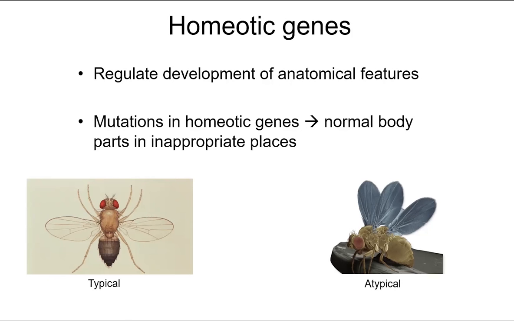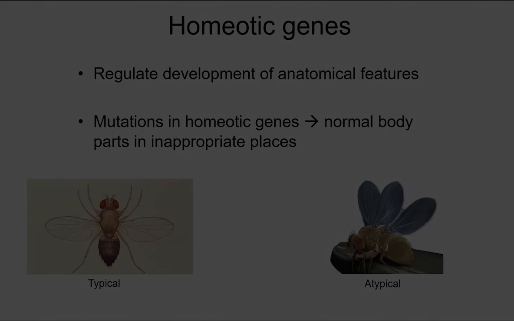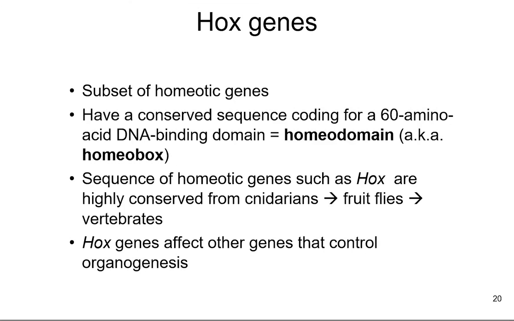Now, homeotic genes are genes that regulate the development of anatomical features, and mutations in these genes result in normal body parts developing in inappropriate places, as can be seen in the pictures on this slide, where we have a wild type Drosophila on the left and a mutant with an extra set of wings on the right. Now, Hox genes are a subset of homeotic genes.